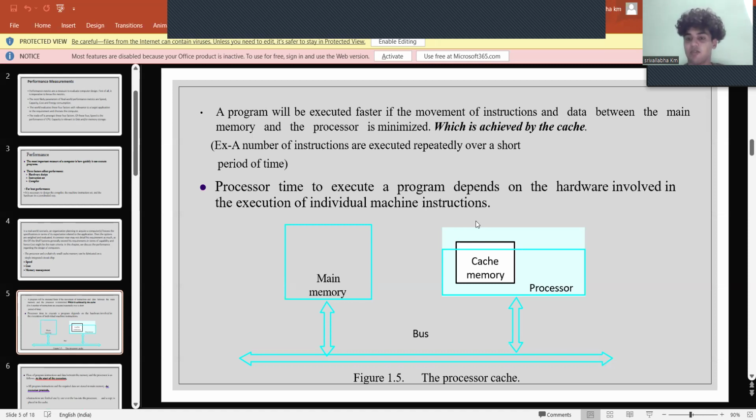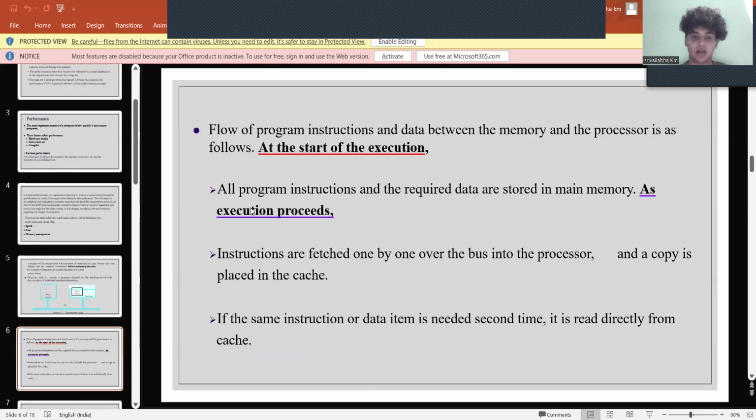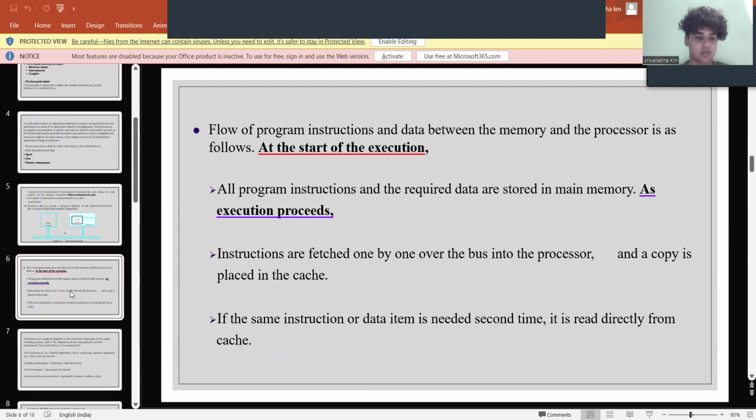If the same program is executed twice, then the processor need not execute it a second time; the cache memory directly supplies the processor. Processor time to execute a program depends on the hardware involved in the execution of individual machine instructions.